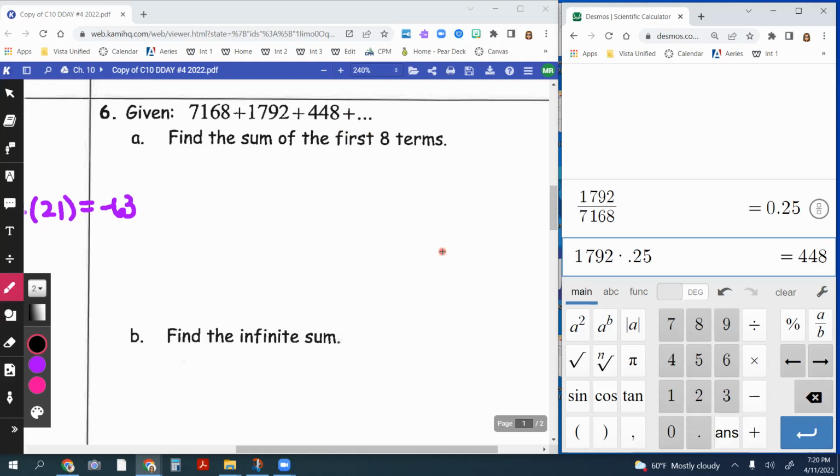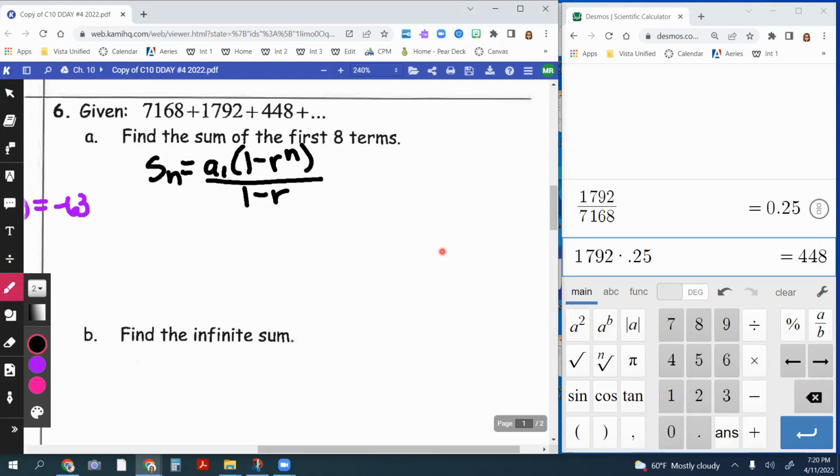I get 448. So this one is going to be S sub n, because it's geometric, A1 times 1 minus r to the n all over 1 minus r. My n is 8. My a sub 1 is 7,168.